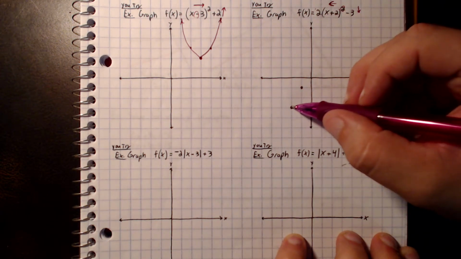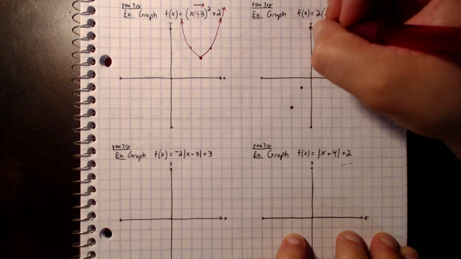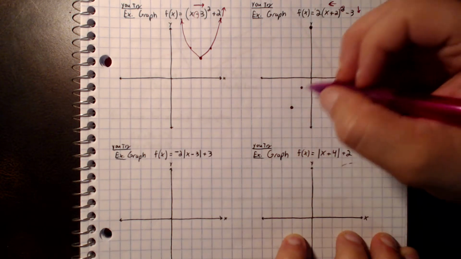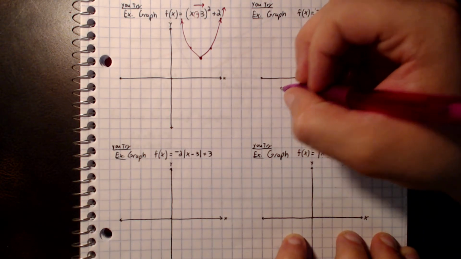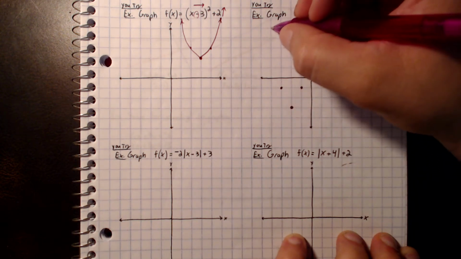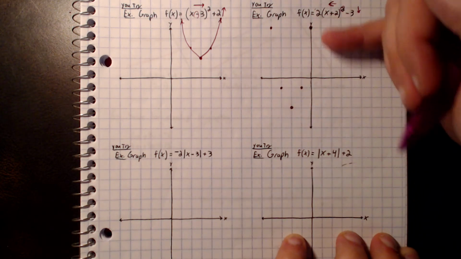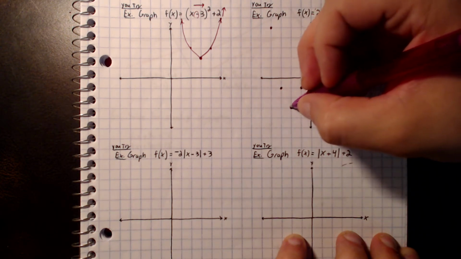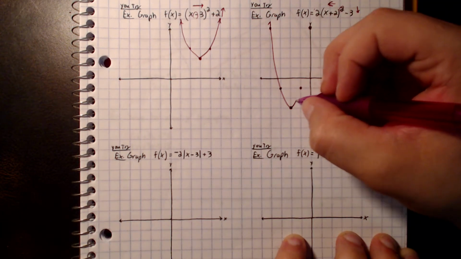So I need to go from the vertex 2 over, and this time 8 up, putting that point way up here. Now, because this is my vertex, I know it's going to be symmetrical on the other side. So I know I have another point over here, and I have another point over here. Right, so I used half of my parabola to get the other points. And then make sure that this is as rounded as you can get it at the bottom.